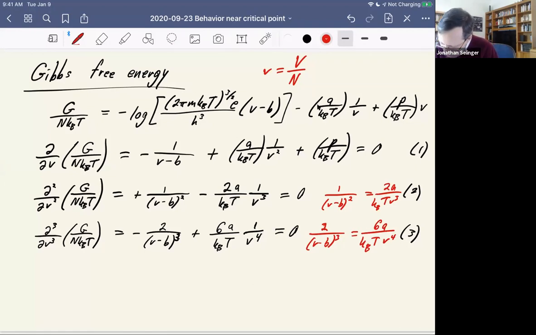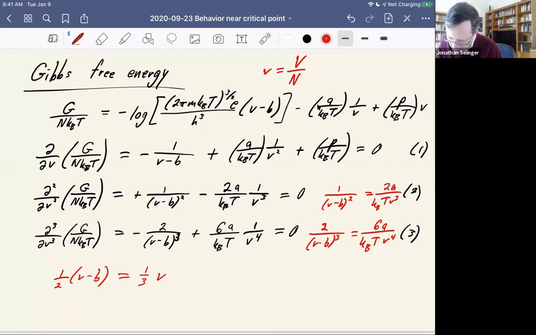Okay, so that makes 1 half v minus b is equal to 1/3 v.